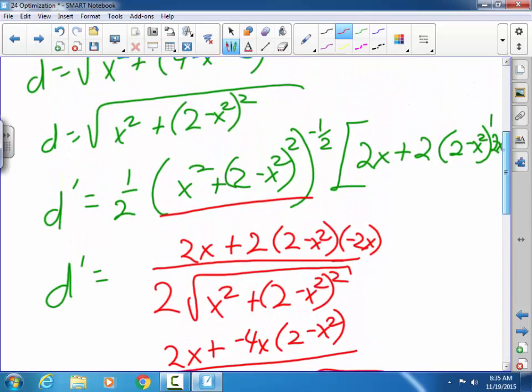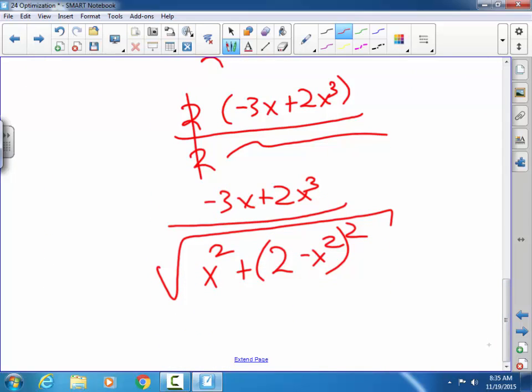And we need to be concerned with, yes, I got that right, when that's equal to 0 or undefined. Agree with that? So, it's undefined. Say that again? It's never undefined. Okay?